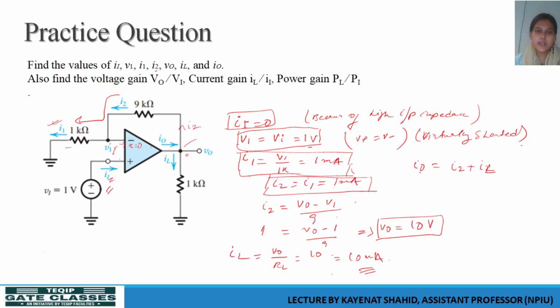IO is the summation of I2 plus IL, and we know I2 is 1 milliampere and IL is 10 milliampere. So we have IO as 11 milliampere.